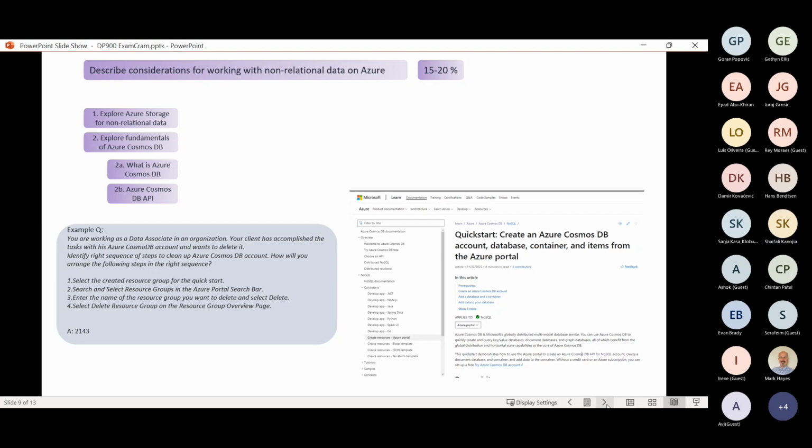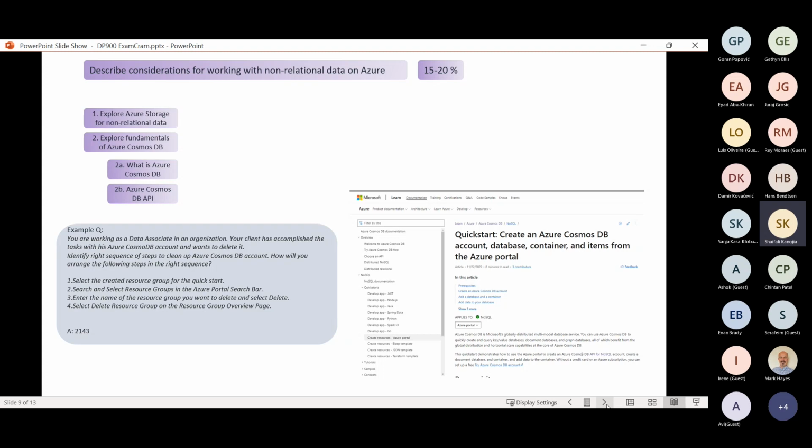But there could be a chance, and definitely there would be, in which they will want you to know something beyond the learning path. There is a question here, and I can read it for you. You're working as a data associate in an organization and your client has accomplished a task with an Azure Cosmos DB account and wants to delete it.